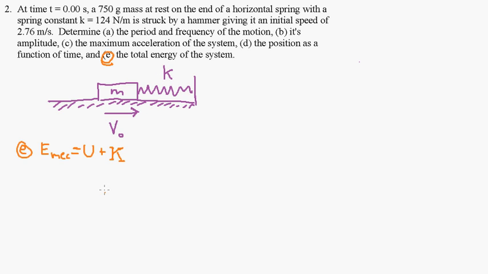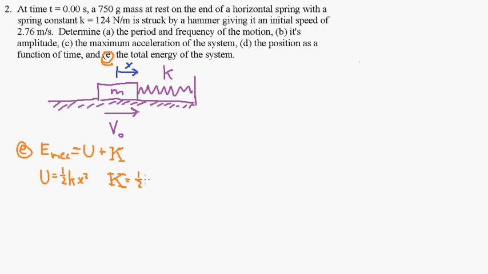This is even easier to see because there's no gravity to confuse us. Let's call this direction the positive x direction, so the potential energy is U equals 1/2 k x squared, and kinetic energy is 1/2 mv squared.